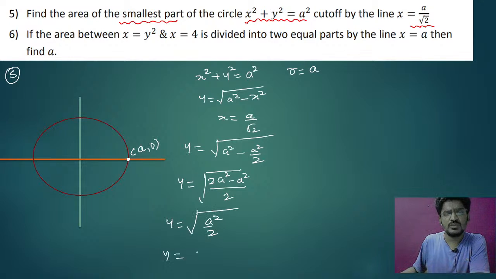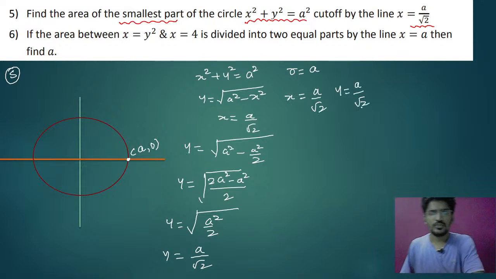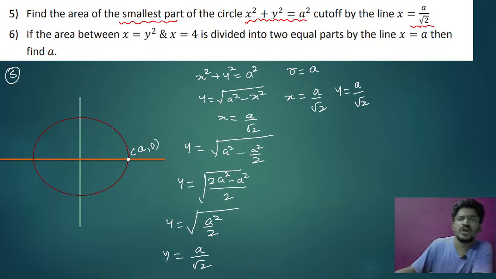Y is nothing but a by root 2. So if x is equal to a by root 2, y is also a by root 2.